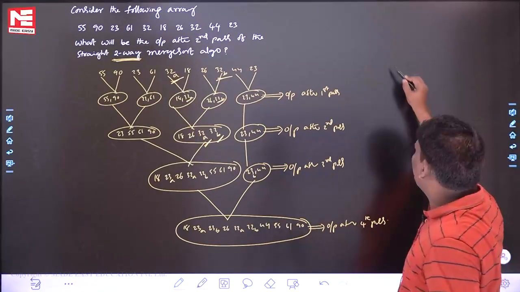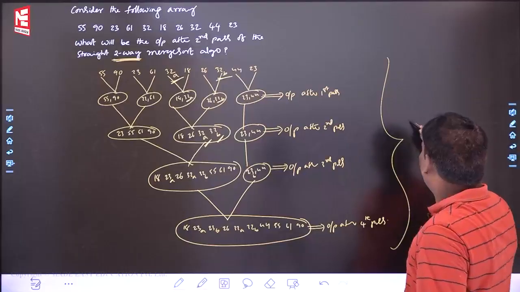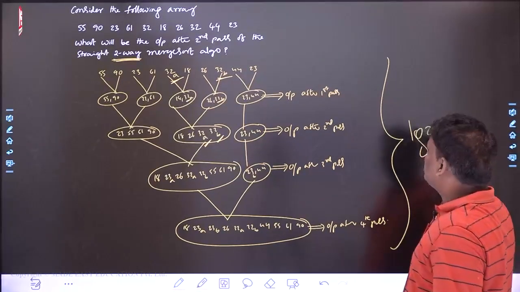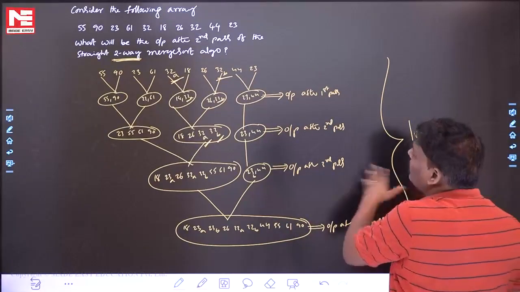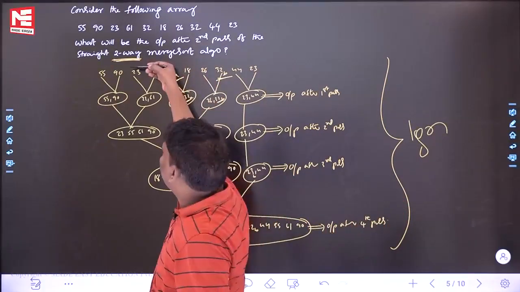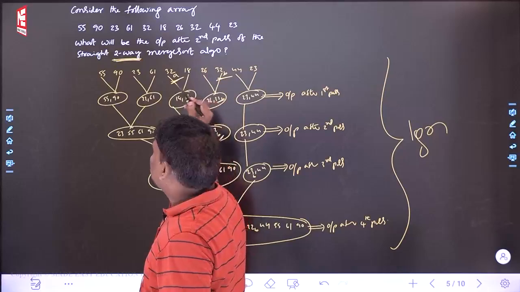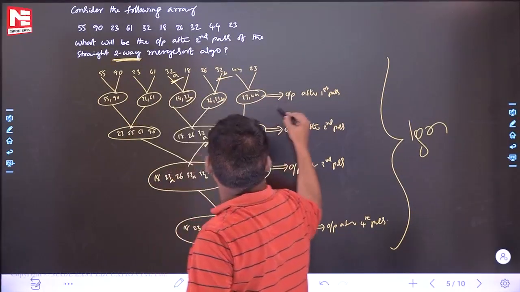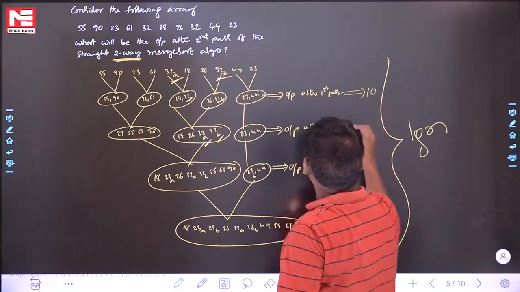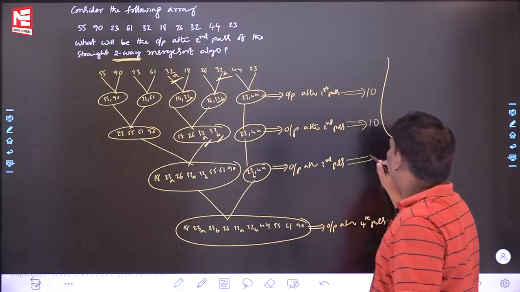Time complexity is the same: approximately log n levels, because we always divide by 2, by 2, by 2. Every level takes n time. What is the reason? All elements are shifted from one level to another level. See this one here: 2 elements are shifted here, 2 like that. Total how many? 10 elements, 10 times. Here also 10 elements. 10 is what? n.